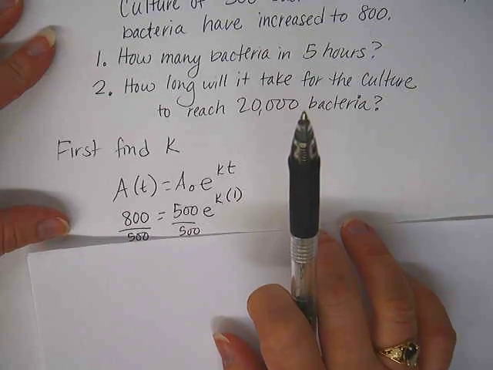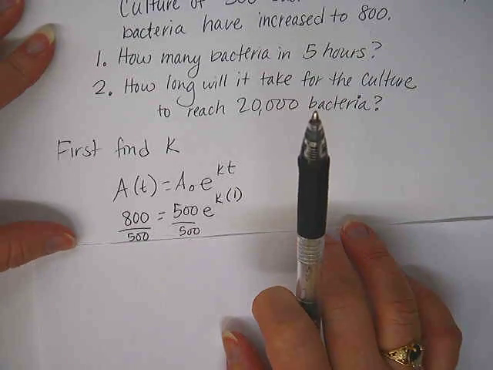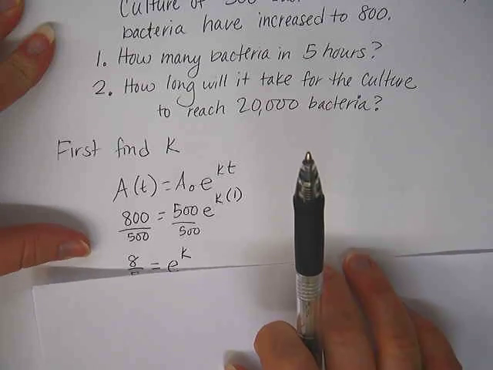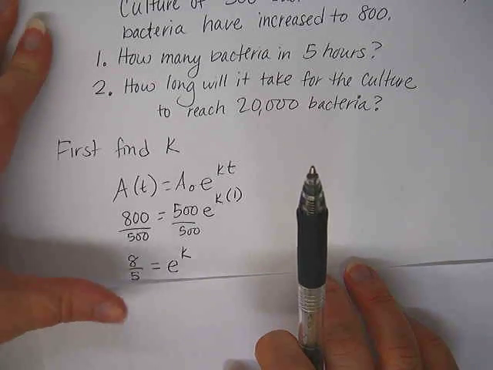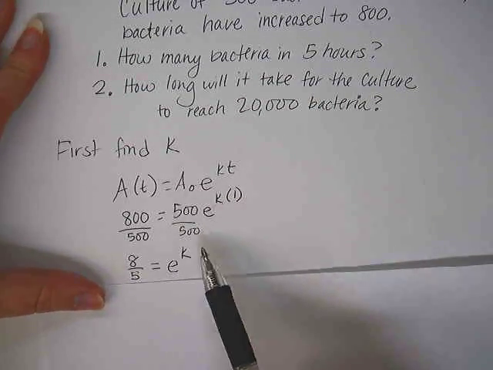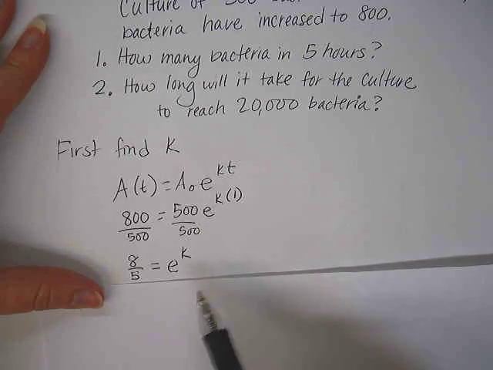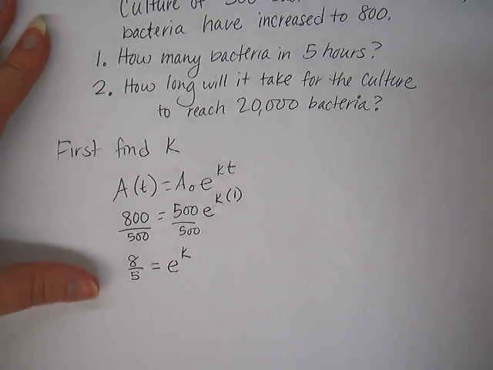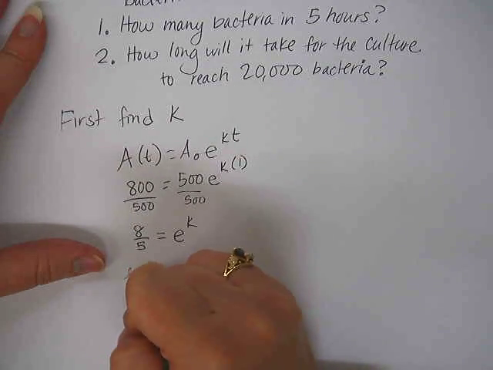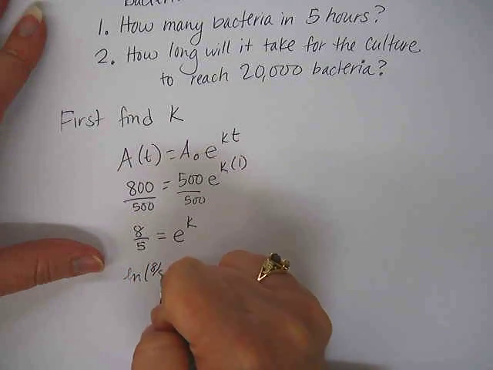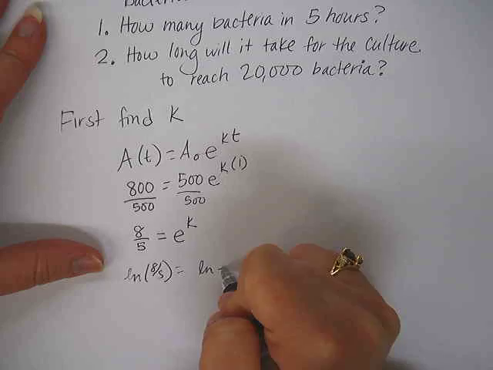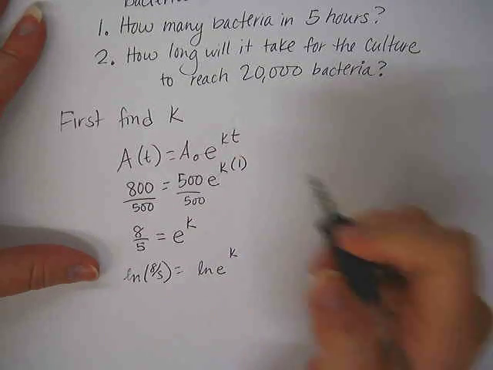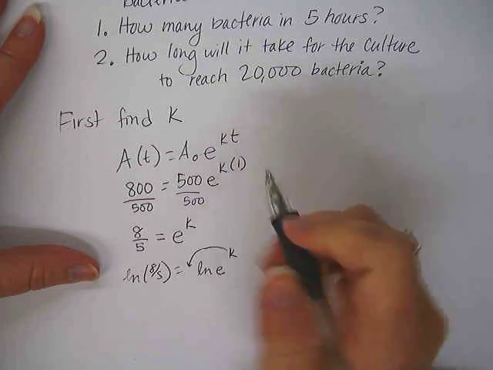Before we can use a natural log, we have to divide both sides by 500. That gives us 8/5 equals e to the k times 1 hour, which we don't need to write the 1. Now we can take the natural log of both sides. The natural log of 8/5 equals the natural log of e to the k power.